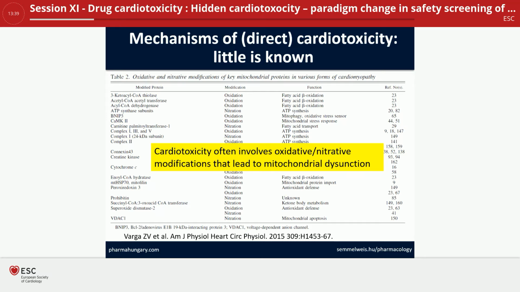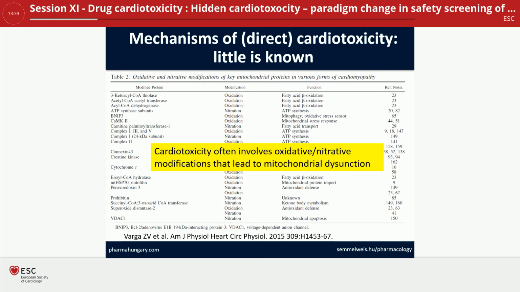These are just some literature review from one of my colleagues, showing that cardiotoxicity often involves oxidative and nitrosative modifications, which also converge to mitochondria. So as you see, for cardioprotection, mitochondria is very important because we try to protect the myocardial mitochondria.